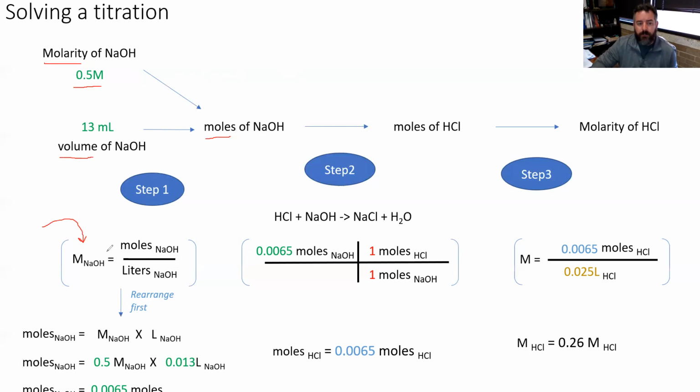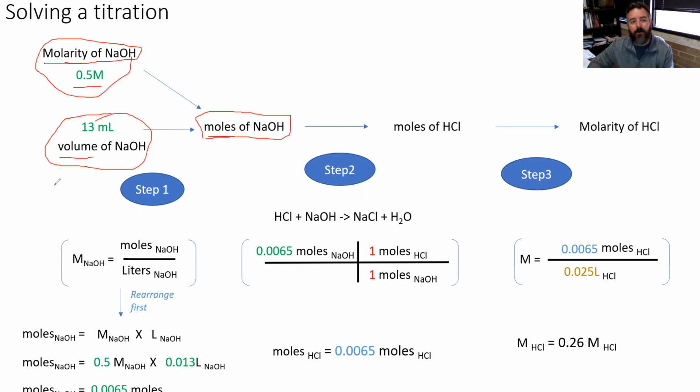We can use the molarity equation to solve for moles, because we're going to take this molarity of sodium hydroxide and this volume of sodium hydroxide, and get from that moles of sodium hydroxide. How? We're going to plug these 2 pieces of information into this equation. But we're solving for moles, so this is our X we need to solve for. So we have to rearrange this equation.